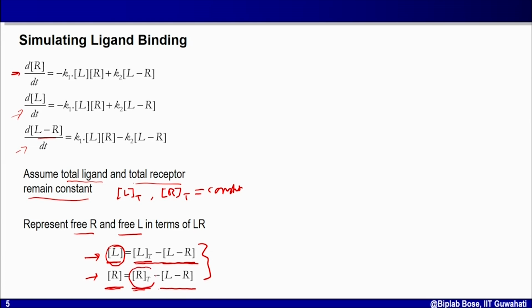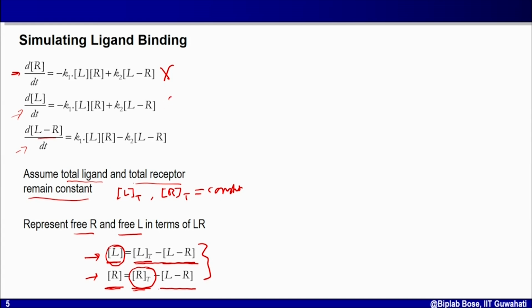Again, RT is constant, so I don't require an ordinary differential equation for RT. So I am left with one dependent variable, that is LR, the concentration of the complex. That means I don't require the ordinary differential equation representing the rate of change of free receptor.